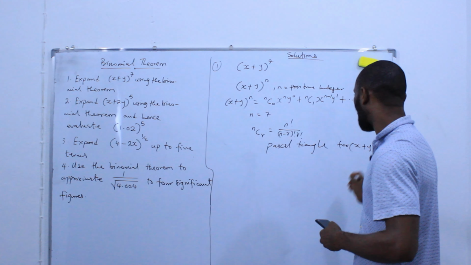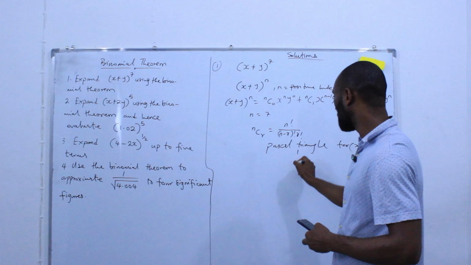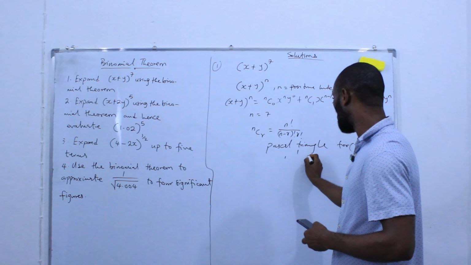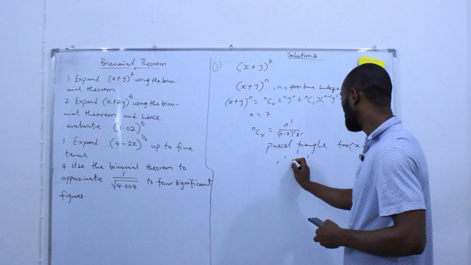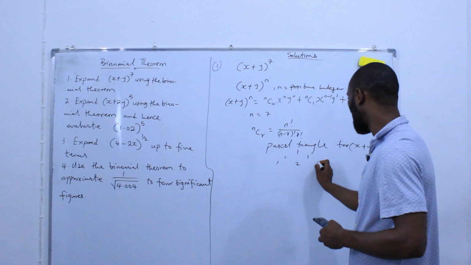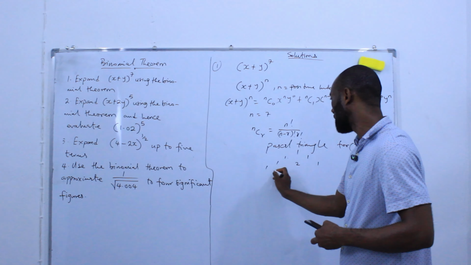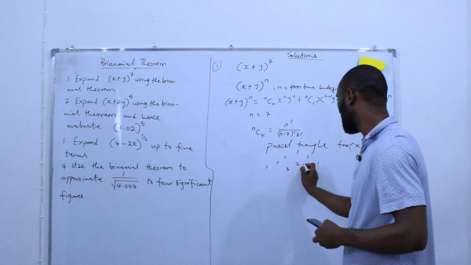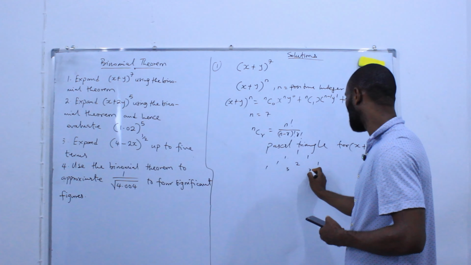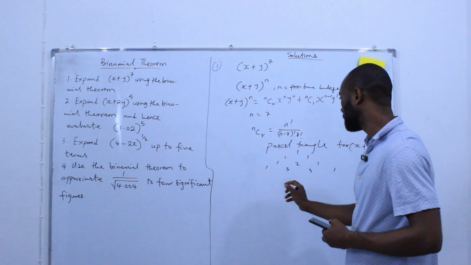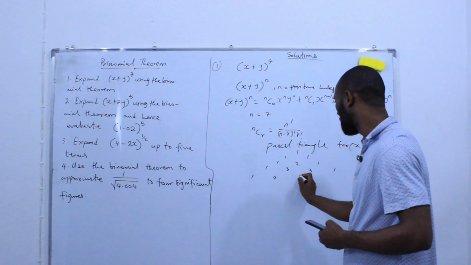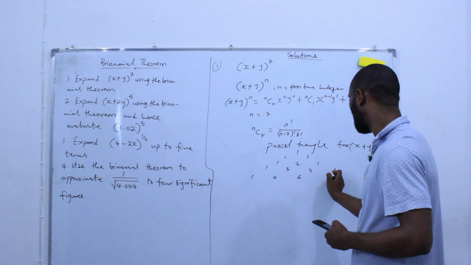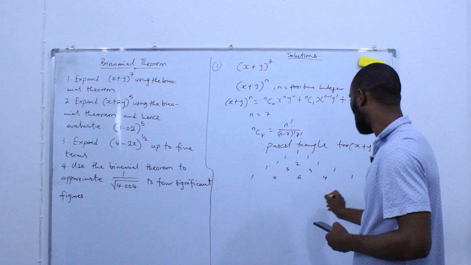y raised to power 7, starting with 1, you have 1, 1. Then you have 1, 1 plus 1 is 2, you have 1. You have 1 here, 1 plus 2 is 3, you have 3, and then you have 1 here. Here you have 1 again, 1 plus 3 is 4, you have 6, you have 3 plus 1 is 4, you have 1.